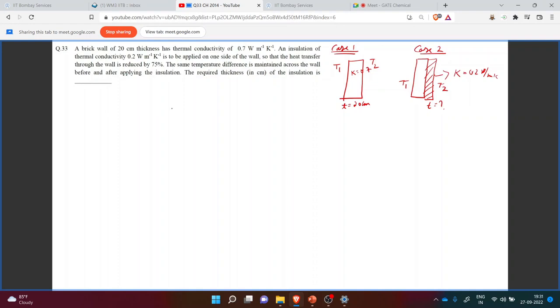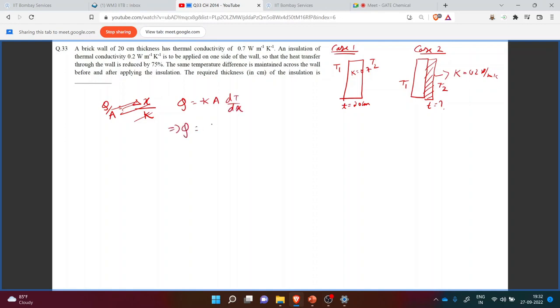So the heat flux we can write as Q upon A is equal to minus k dT upon dx.